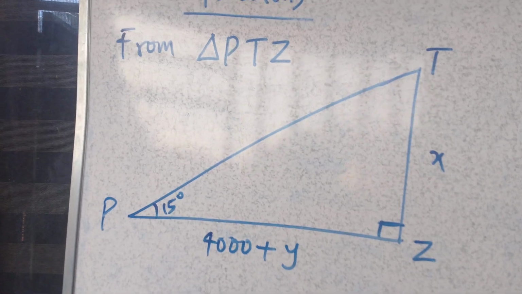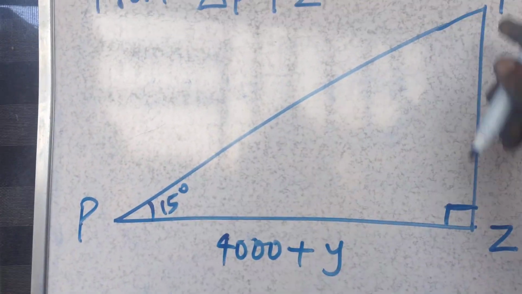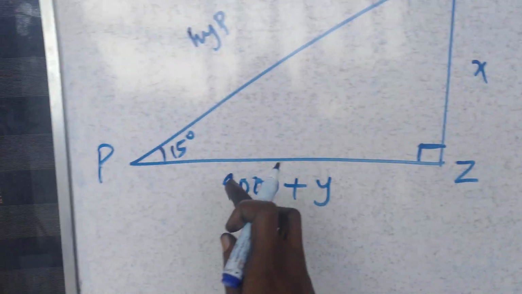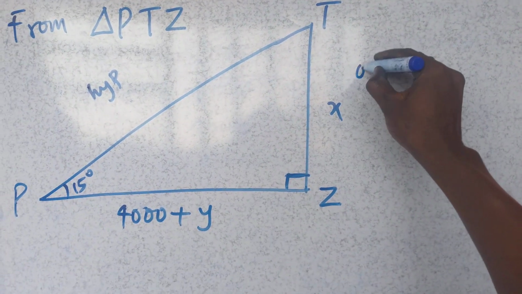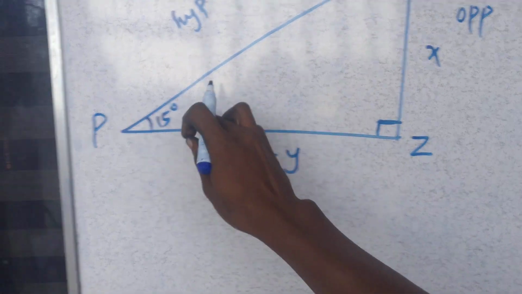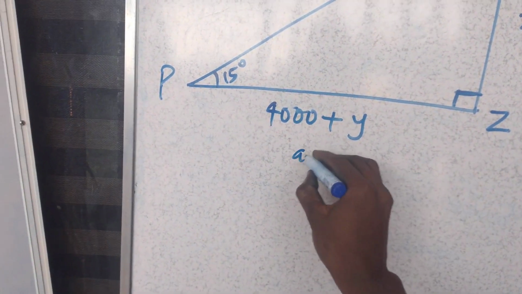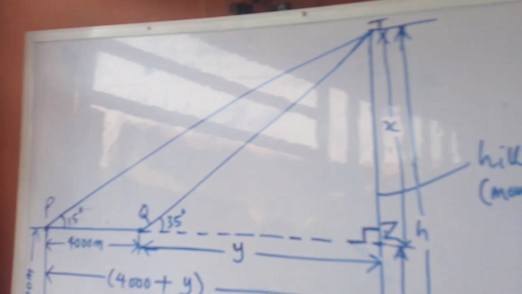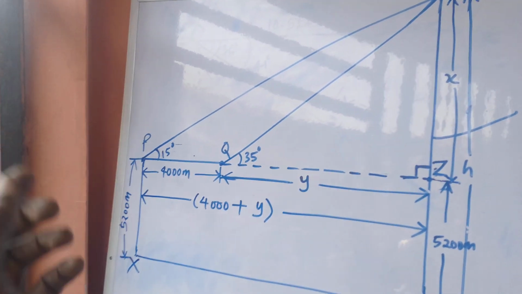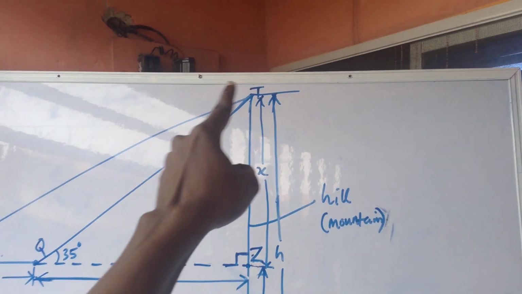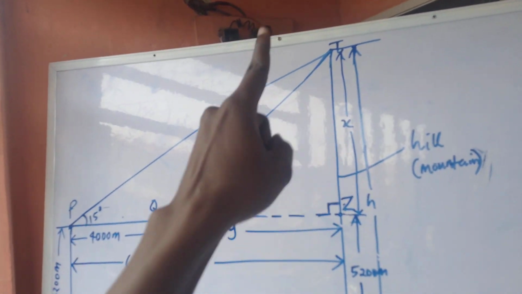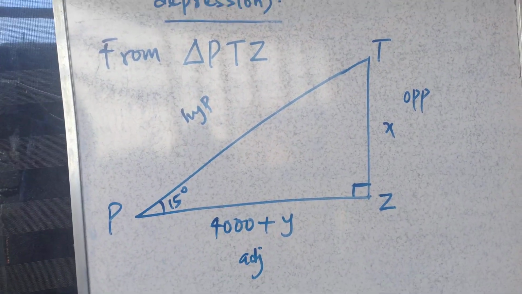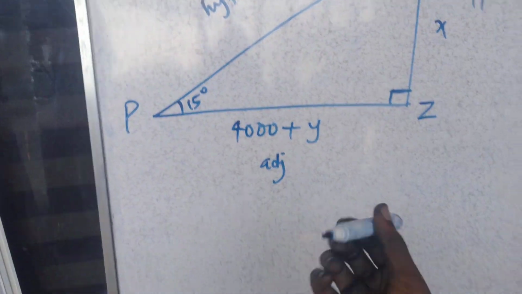Now the side facing angle 90 is hypotenuse. This side that faces the angle of inclination is opposite. Yes, this is opposite to this angle, and here now is adjacent. This was what I did. I just took out that triangle PTZ, cut it out. So I can say opposite over adjacent is tangent.